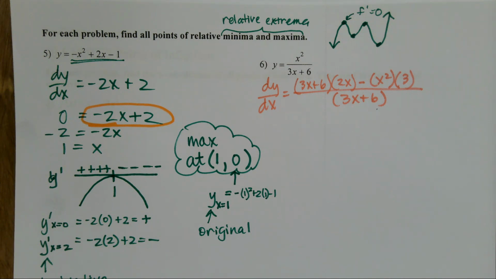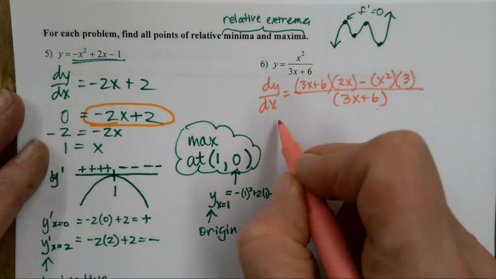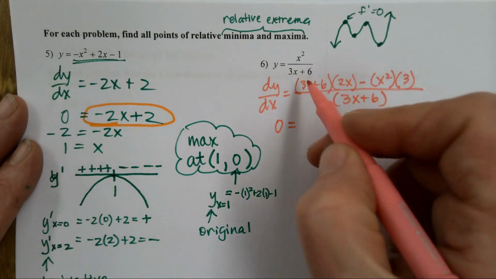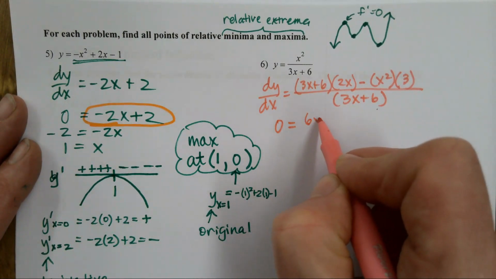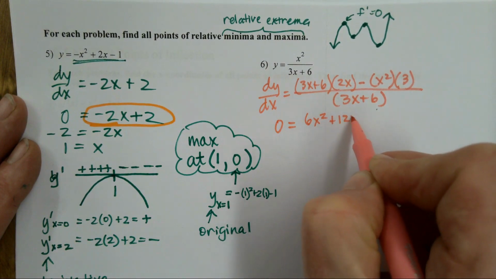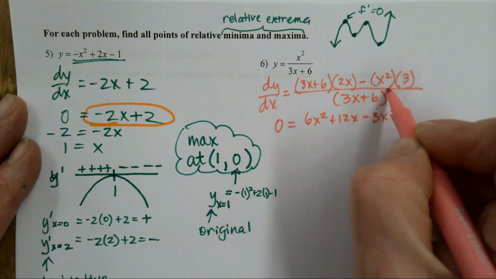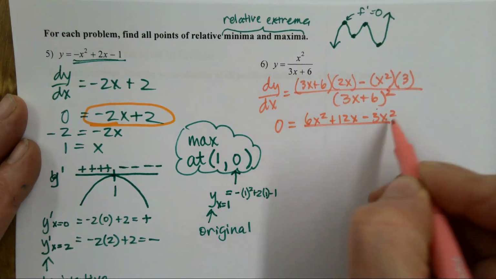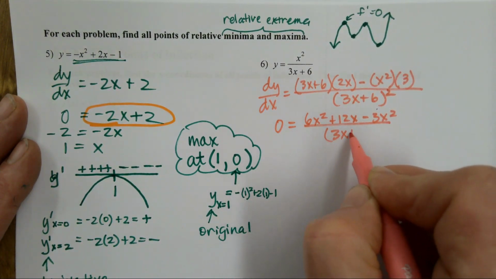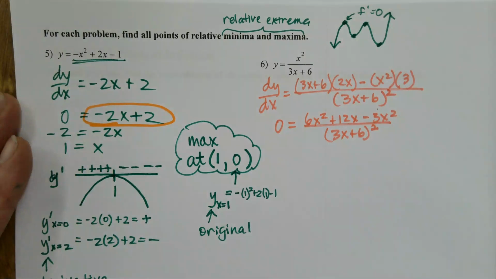Yeah, it's not so bad. Are we able to simplify it down before? Yep. So I'm going to set this equal to 0, and then distribute on the top, so that's 6x squared plus 12x minus 3x squared over low low. Okay, so there I am right there.